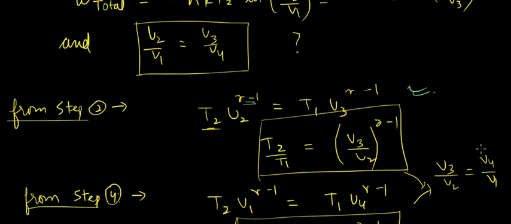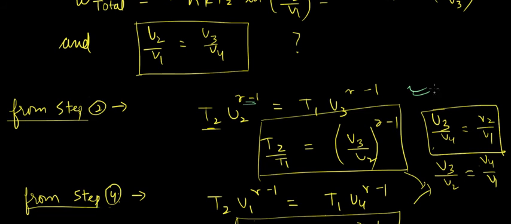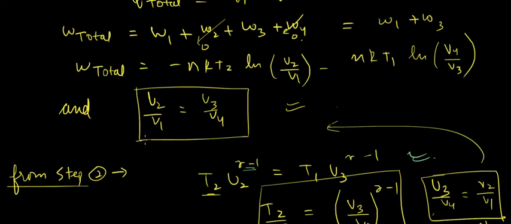Just arranging it to suit this case, cross multiplying, we can write V3 upon V4 would be equal to V2 upon V1. So from this we can conclude that we have V2 upon V1 equal to V3 upon V4.